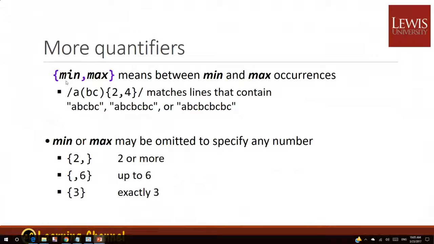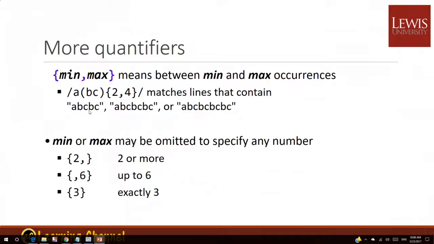More quantifiers, you have minimum number, maximum number separated by comma, inside braces. And this means the occurrence between minimum and maximum. So right here we have A followed by BC, and this BC will happen 2 to 4 times.